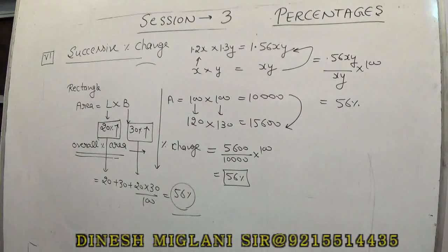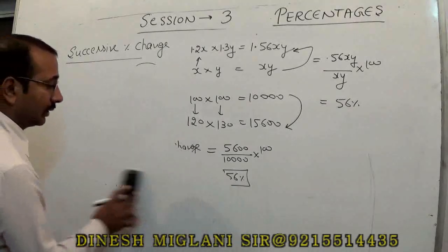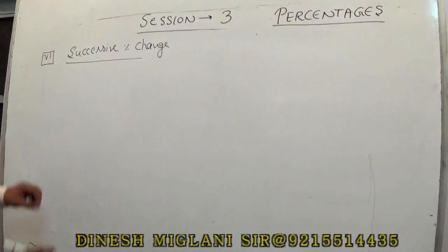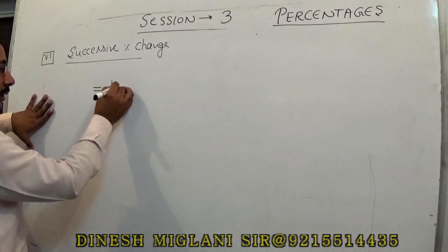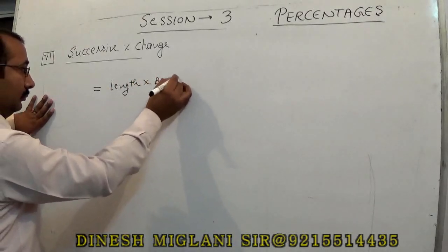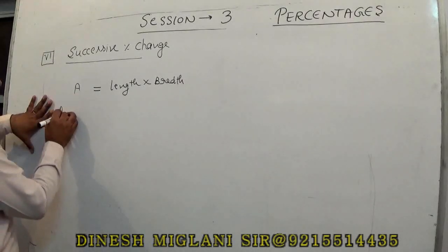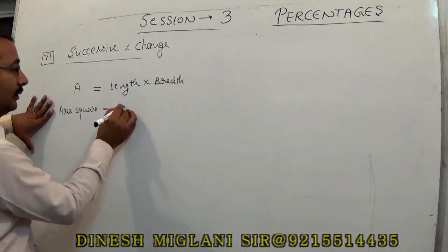So what concept can we infer from this question, and then we try to apply that concept over some other type of questions. Just try to understand what the concept talks about. Suppose some parameters are multiplied. That may be length into breadth, area, or we can take area of a square, side into side.